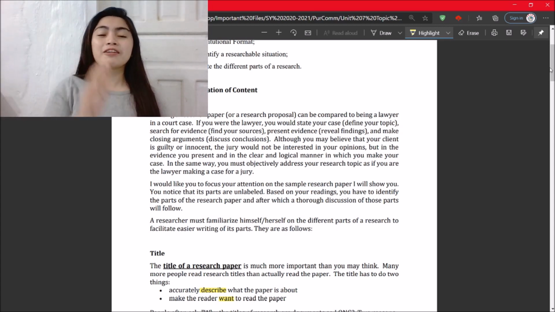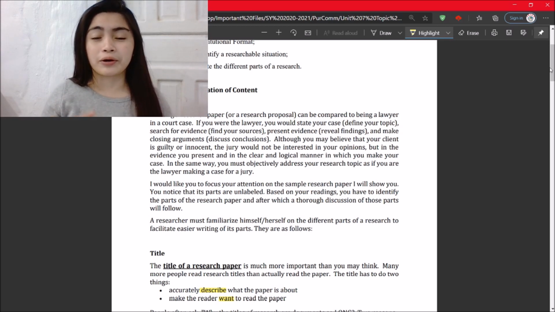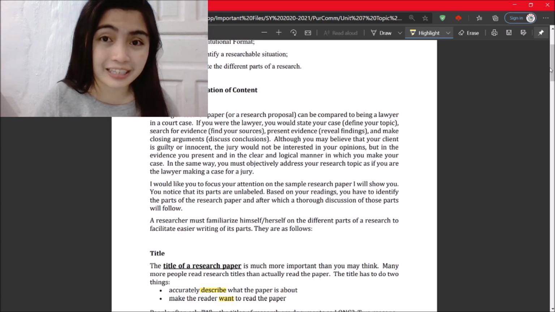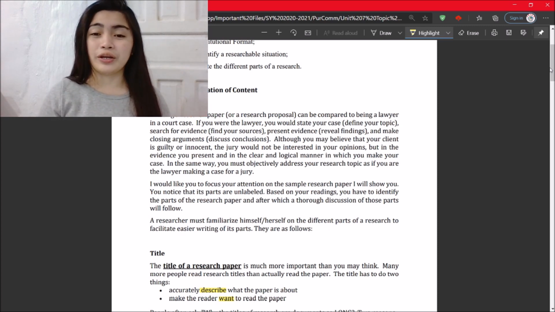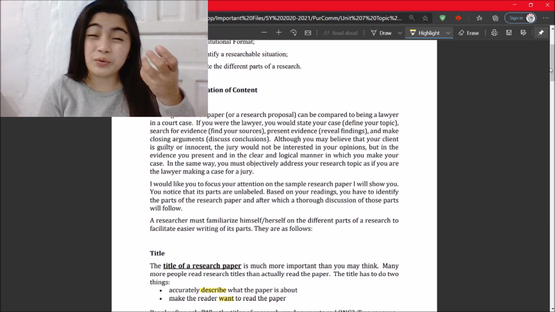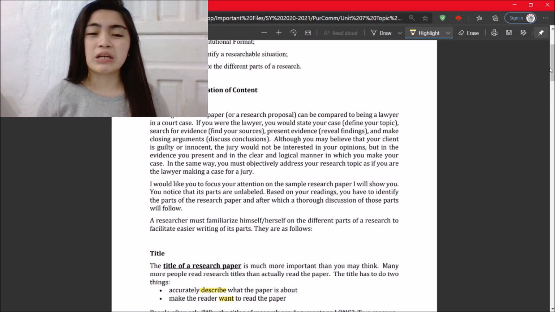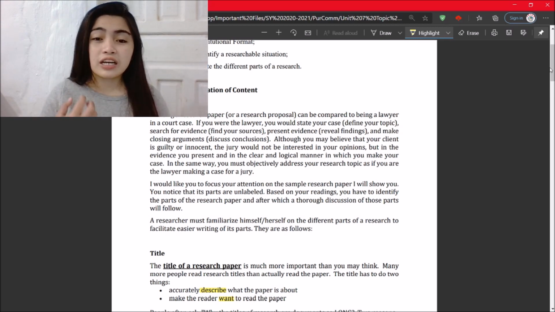So, sabi dito, writing a research paper or a research proposal can be compared to being a lawyer in a court case. So, if you were the lawyer, you would state your case. So, you would define your topic, search for evidence, find your sources, present your evidences, and make closing arguments or discuss conclusions.